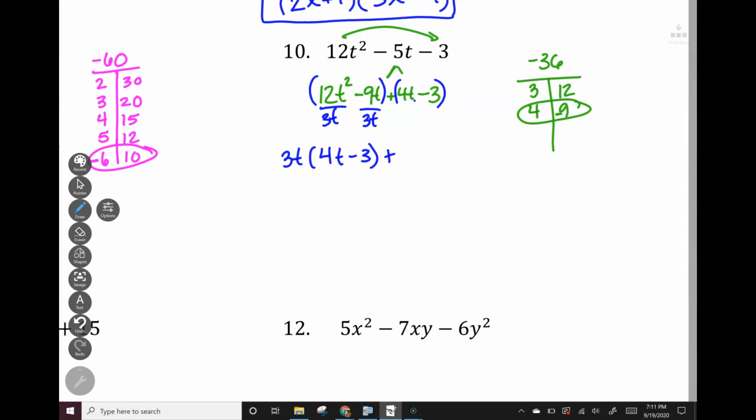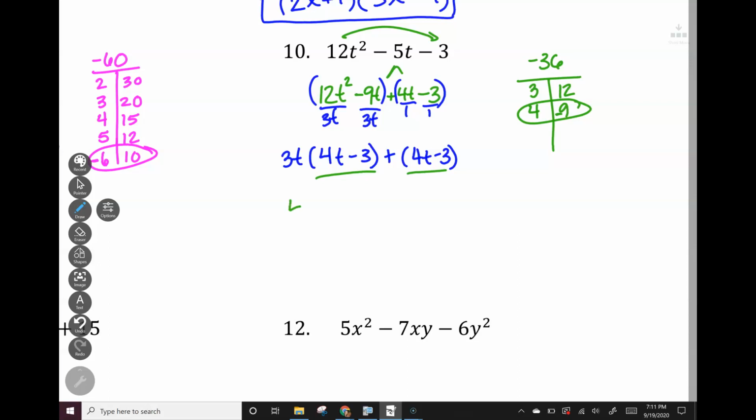Okay, looking at the second one, 3 and 4 don't have any common factors, and t is only in the first term, so there's no GCF there. You could think of it as just being 1. So there's like a 1 on the outside here. Okay, so we've got 4t minus 3 for both.